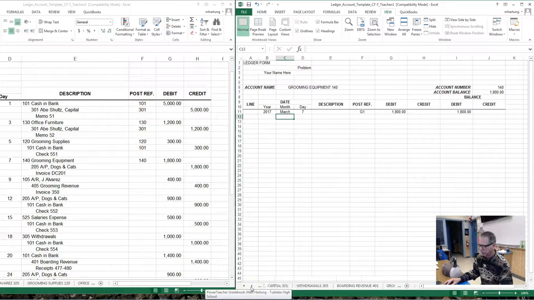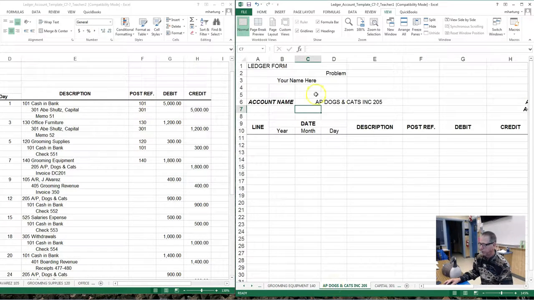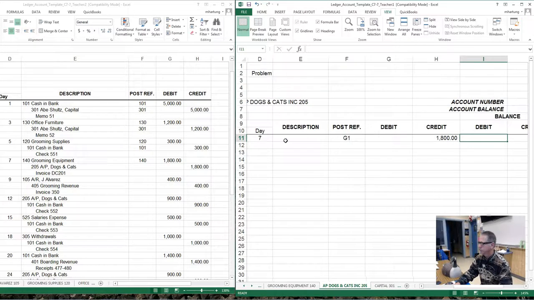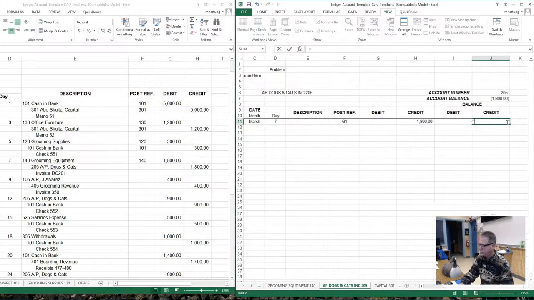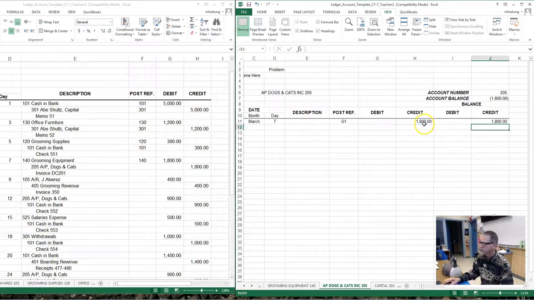Let's see what the name of that is. Where are we here? There it is, dogs and cats. Accounts payable. It's a liability, so that's going to be a credit. Zoom out a little bit here. And show that we posted to account number 205.